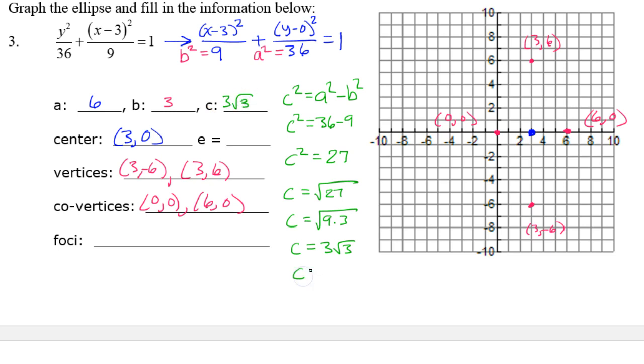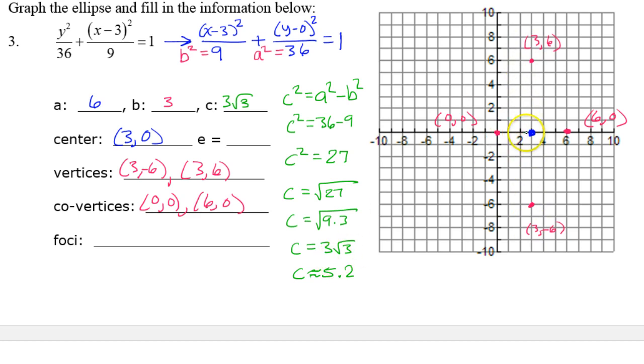Now, for the purposes of graphing, it's useful to know a decimal approximation, even though I will not use that in the labeling of c or the foci. So c is approximately 5.2. We know that the foci will always be on the major axis, which runs the long way from end to end of the ellipse.